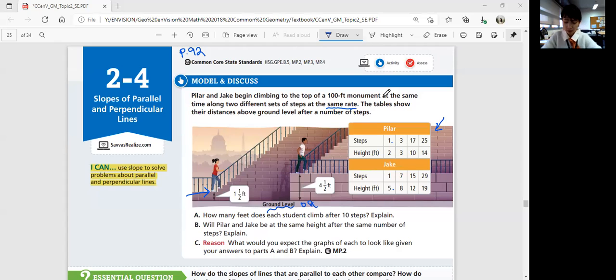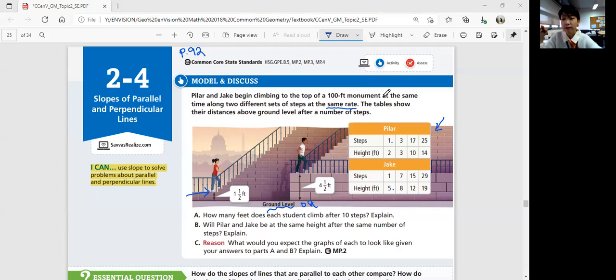Well, first of all, what do you understand from the phrase at the same rate? At the same rate tells you the important information that each person takes the same number of steps in the same amount of time. If you look at the first step they took, Pillar is at 2 feet, Jake is at 5 feet, and look where they started from, 1.5 and 4.5.